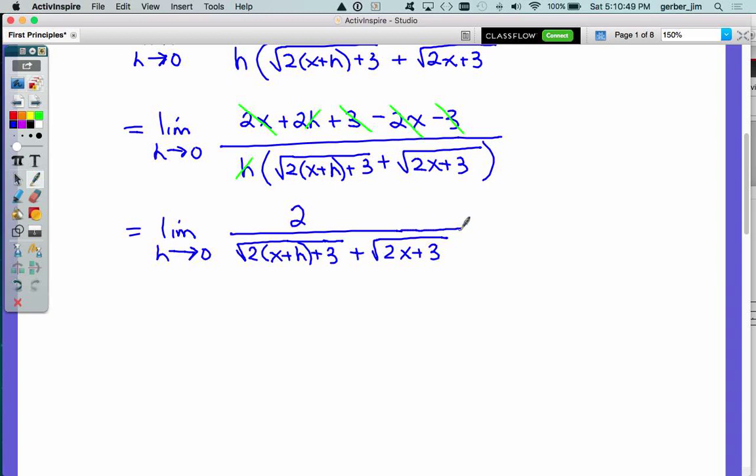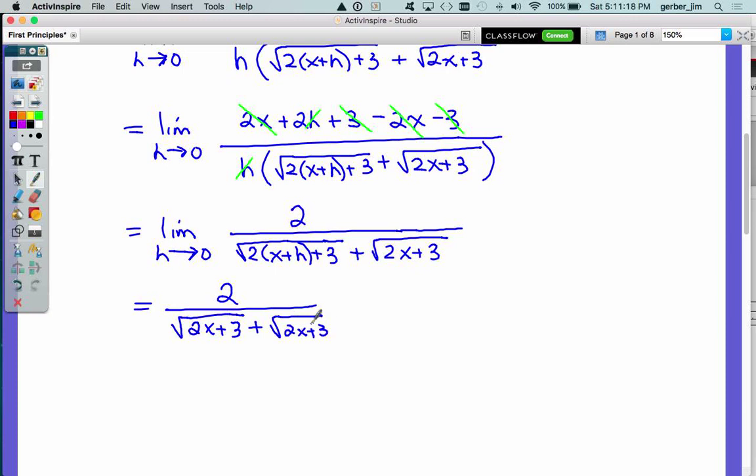And now I can actually take the limit, which means to substitute for 0. So putting a 0 in for h, I can see that I'm now left with 2 divided by the square root of 2x plus 3 coming from the left side, and another one coming from the right side.